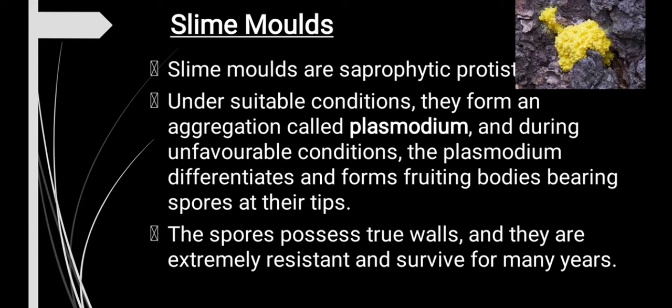When the conditions are favorable, the spore germinates into a new organism. These spores possess true walls, are extremely resistant, and survive for many years. So slime molds, unlike other protists, are saprotrophic, and to overcome unfavorable conditions, they form plasmodium, which helps in the production of spores.